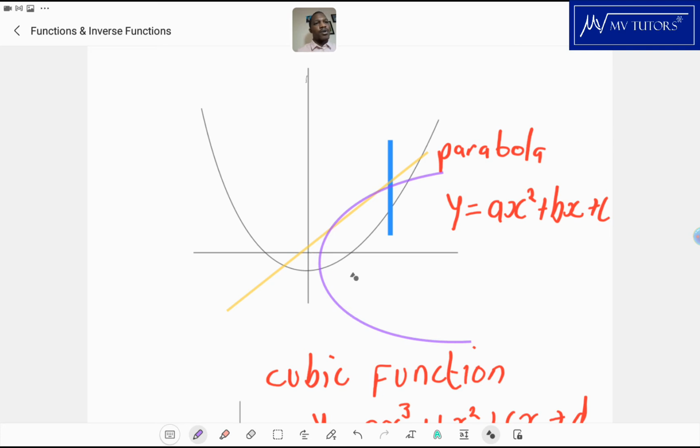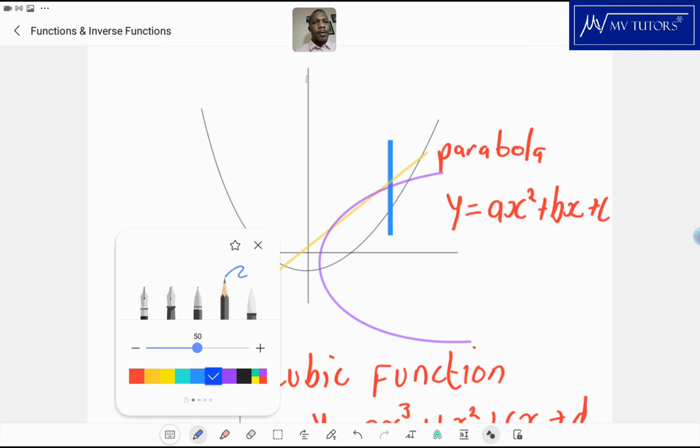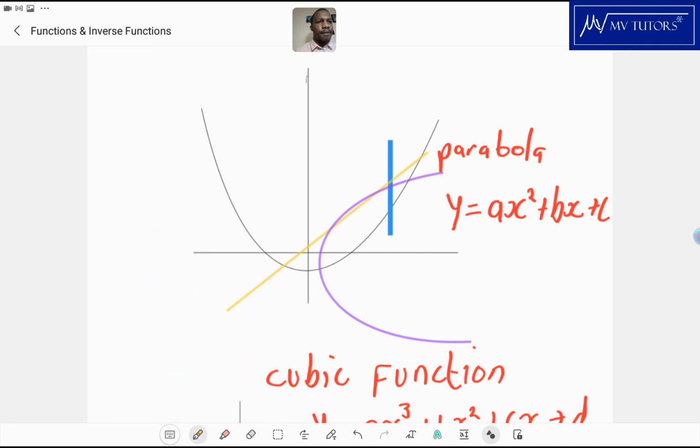So as you can see, the inverse of a parabola is not a function, because now if you apply the straight line like we did here, let's just extend this one.